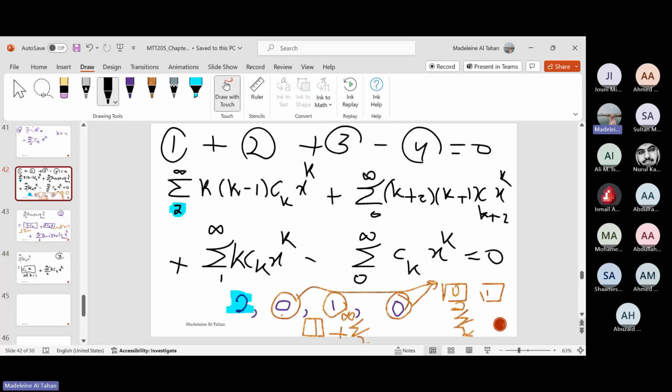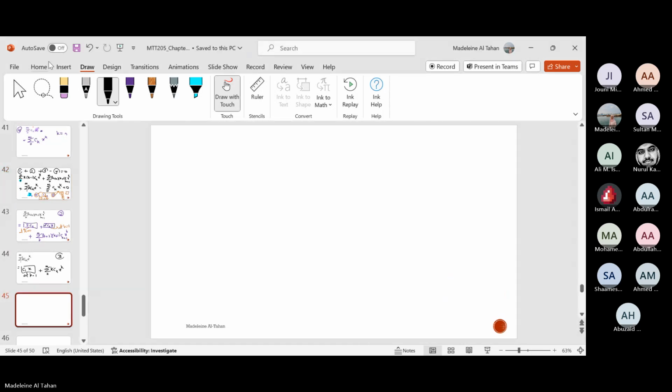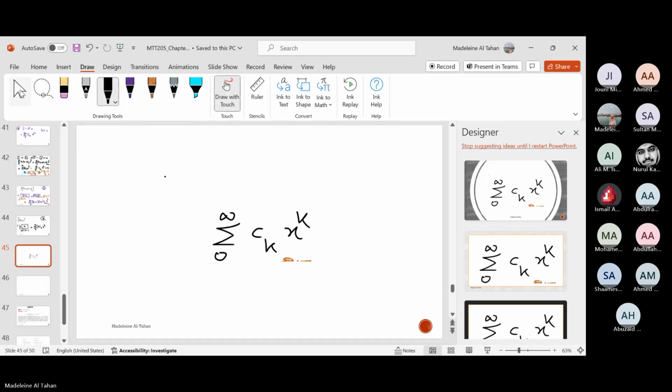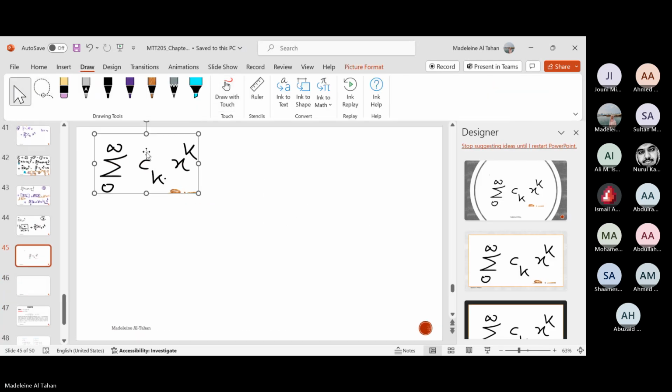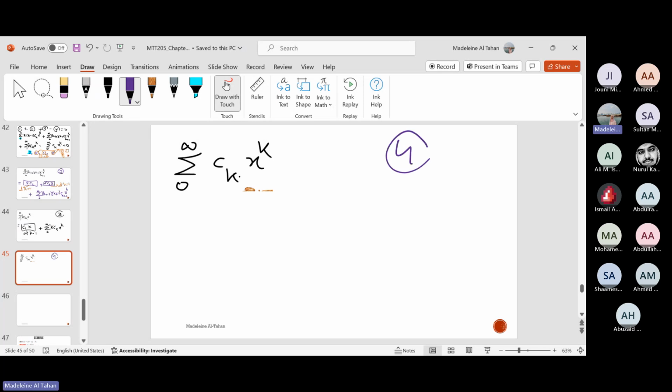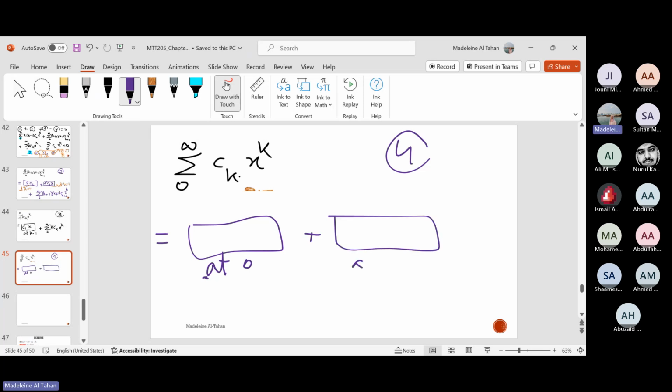Still, what do we have? We need the last series now, right? So series 4, it's equal at 0 plus at 1 plus sigma from 2 to infinity of CK XK.